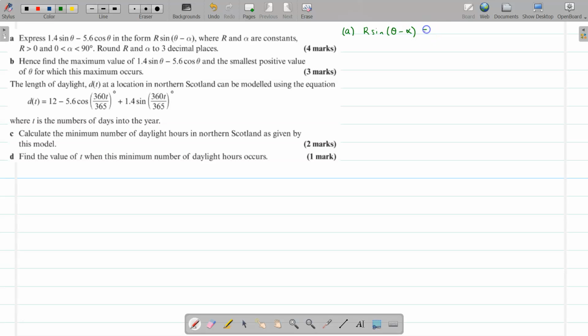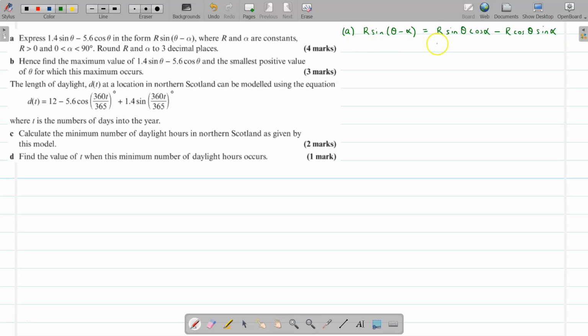That is r times the sine of theta times the cos of alpha, minus r times the cos of theta and the sine of alpha. That's the addition formulae in use. Now we equate coefficients.